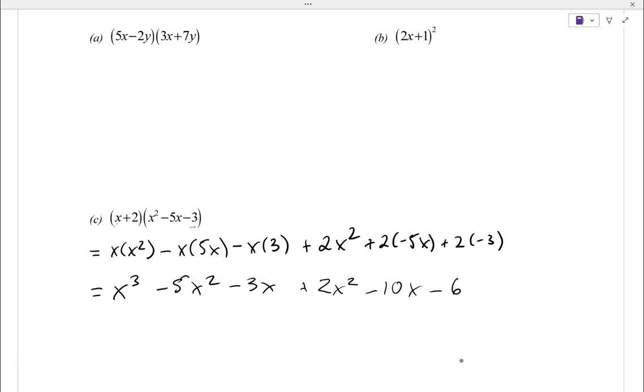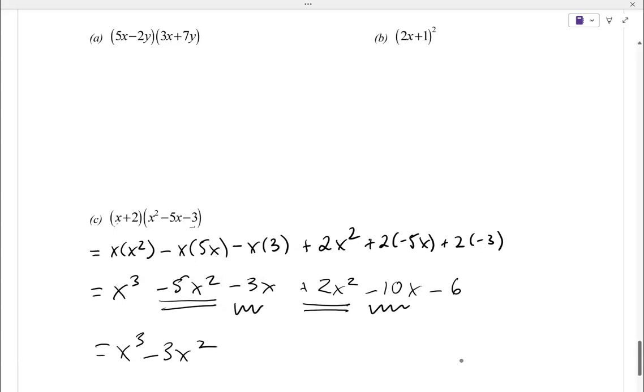So now, what terms can we combine together? What pieces go together now? Good. The negative 5x squared and the 2x squared, what do we get when we put those together? Negative 3x squared. What else goes together?